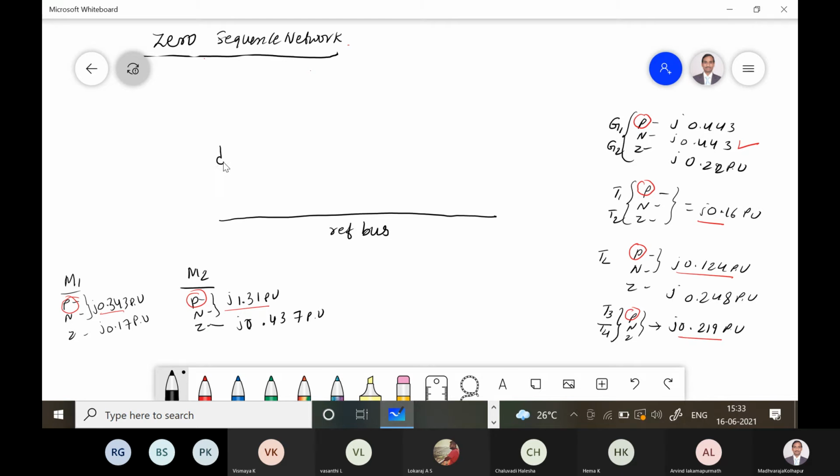So only reactances are present. Generator reactance, generator G1 reactance. The zero sequence is J0.22 per unit. Right, J0.22 per unit for generator 1. For generator 2 it is also the same, J0.22 per unit.